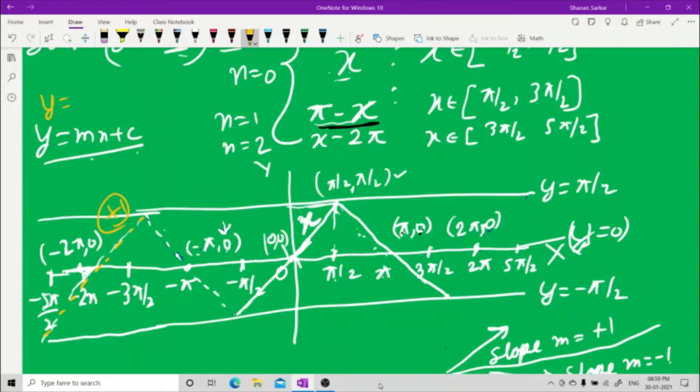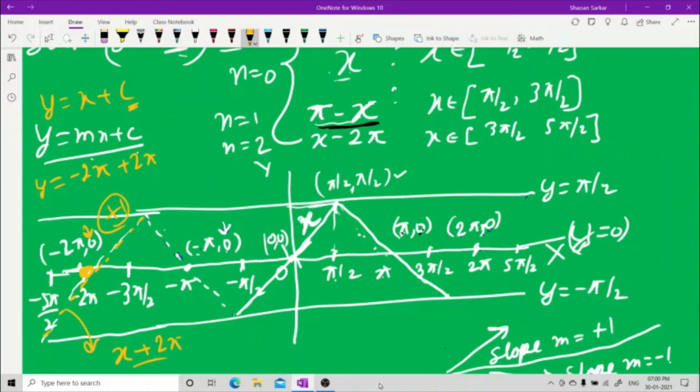Put y equal to x + c. At this point it is -2π, so put y equal to -2π. What should the value of c be so that this coordinate becomes 0? It has to be 2π. So the equation of this line would be y = x + 2π.